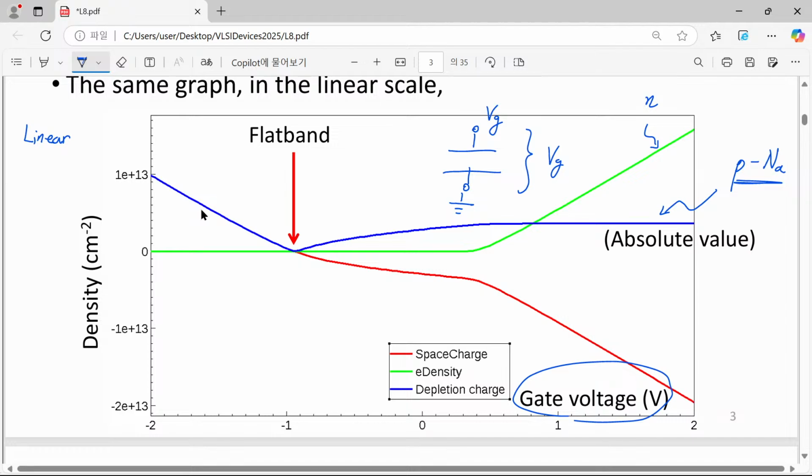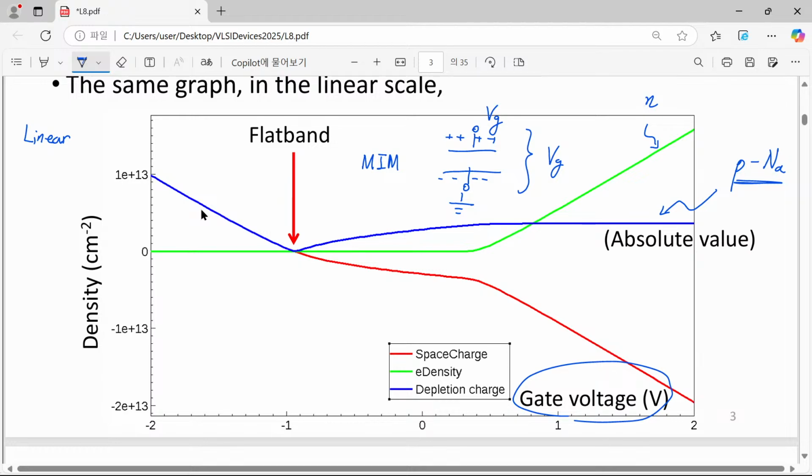If this is positive, then we expect positive charge collected in the upper plate, and negative charge collected in our lower plate. This is the conventional case of our MIM capacitor, when you have metal, insulator, metal. In this case, we expect such kind of thing.